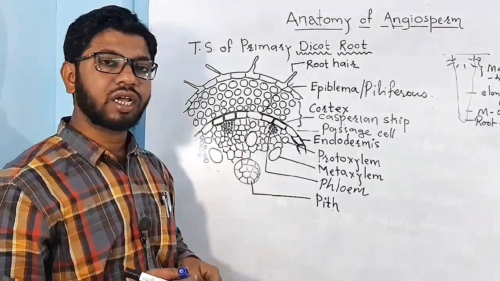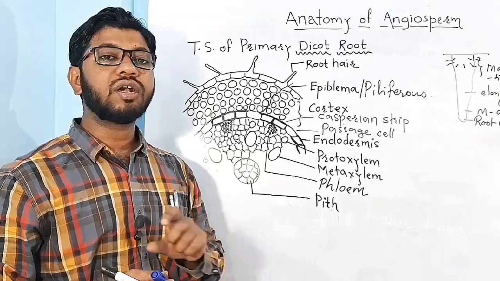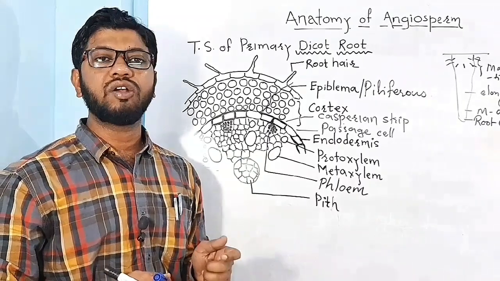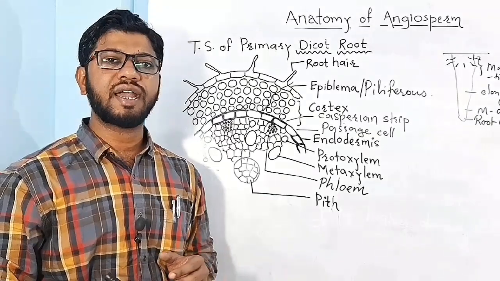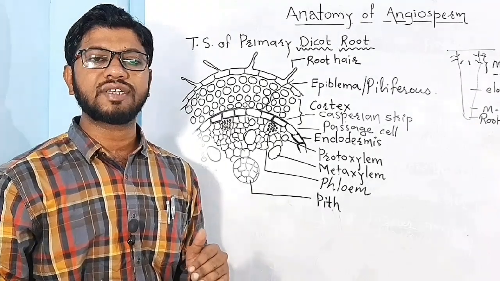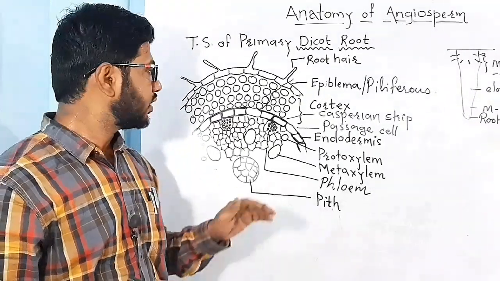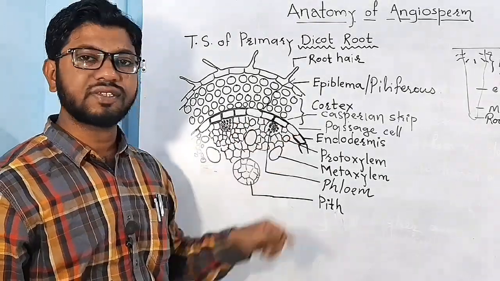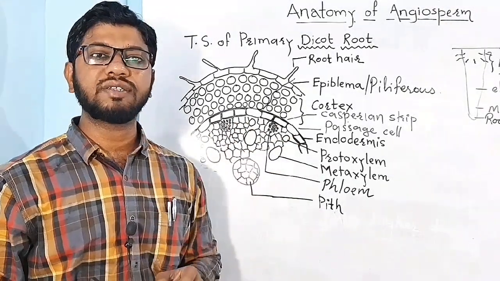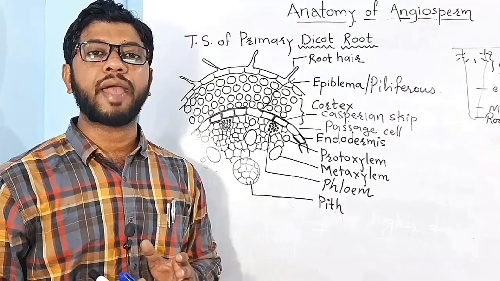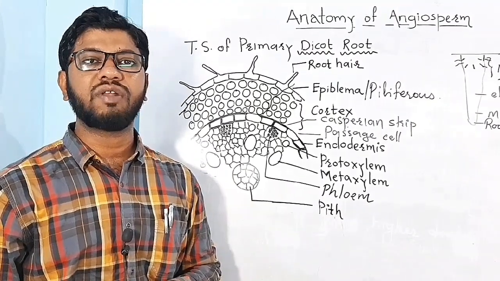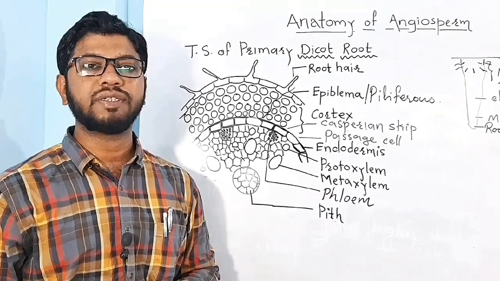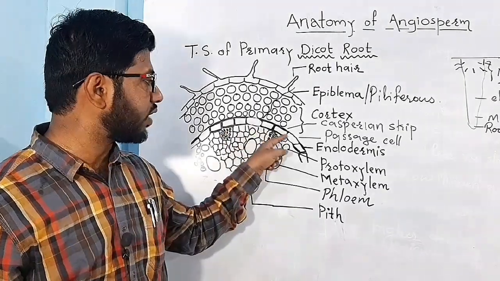Just inner side to the cortex, endodermis is present, and endodermis is also a part of cortex. We can say that the inner layer of cortex is called endodermis. These endodermis consist of rectangular cells which are compactly arranged. Compactly arranged means intercellular spaces are not present in the cells of endodermis.